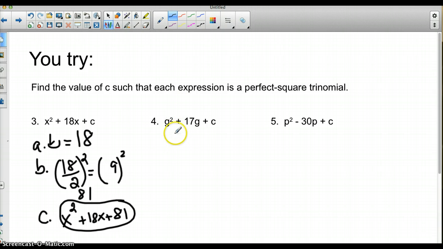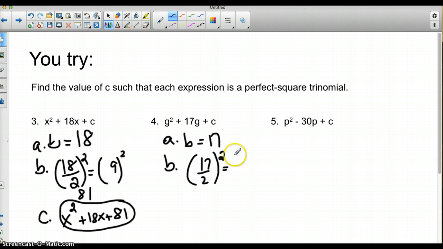Okay, on number 4, first step, b equals 17. Your next step is to have 17 over 2 squared. Remember, 17 over 2 is not going to give you a nice number, but you can still do the division.